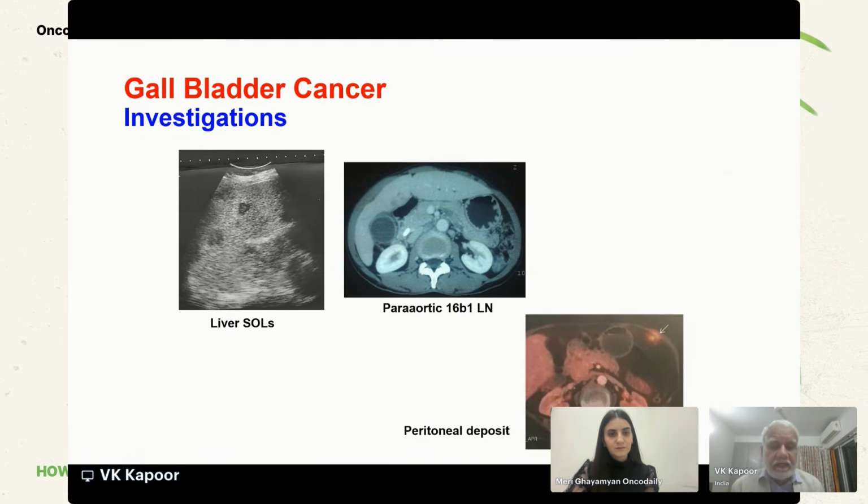So it is strongly recommended that in almost all patients with gallbladder cancer, if affordability and cost is not a constraint, it is always a good idea to do a PET scan. Here, pointed by the arrow, we see a small peritoneal deposit which was not detected on the CT scan, and this would indicate disseminated disease.